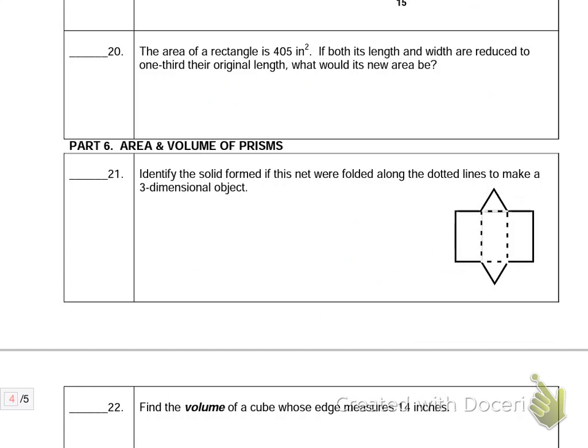Number 20. Okay. The area of a rectangle is 405 inches squared. Both its length and its width are reduced to 1/3 the original length. What would its new area be? Okay, so the area is 405, sorry. And its length and its width are reduced to 1/3 the original length.